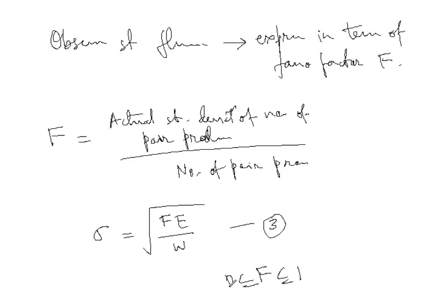It means that there is no statistical fluctuation in the number of pairs produced, and that would be the case if all energy was used for the production of charge carriers. What about F equal to 1? It means that the number of pairs produced is governed by Poisson statistics.